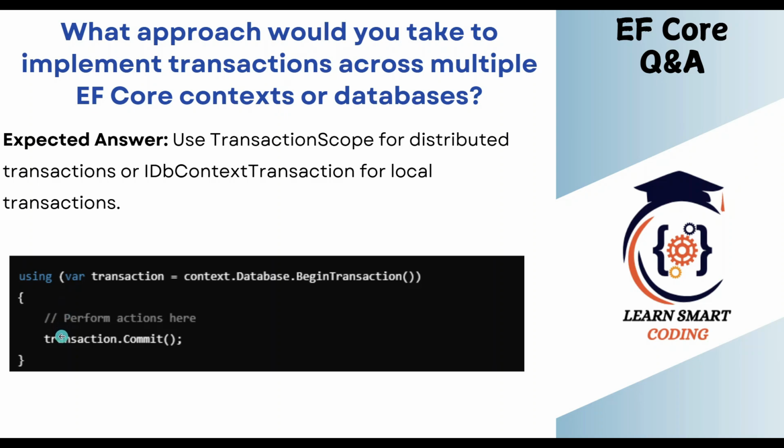Everything has to succeed. If you do a transaction commit, everything will succeed, or if even one operation fails within this, everything is reverted. Let's say 9 lines of code executed and the 10th line didn't execute, something happened in the delete. Then this will make sure that all the others are also reverted.